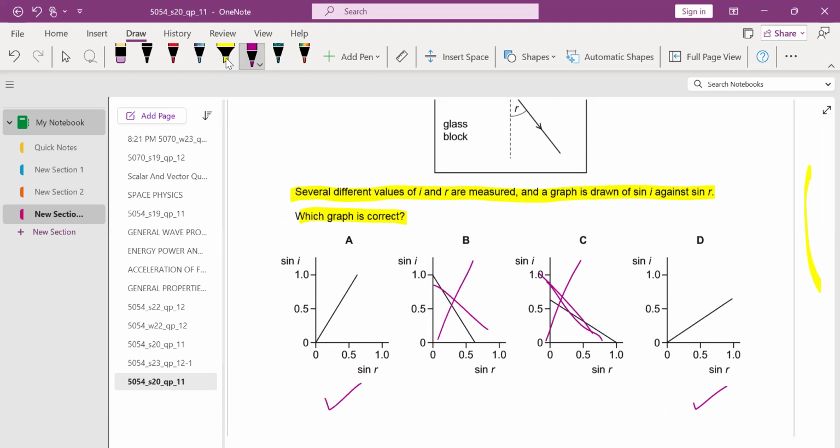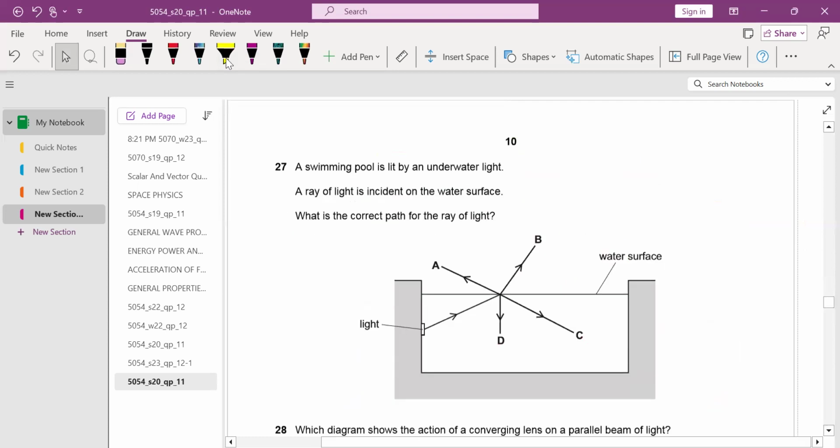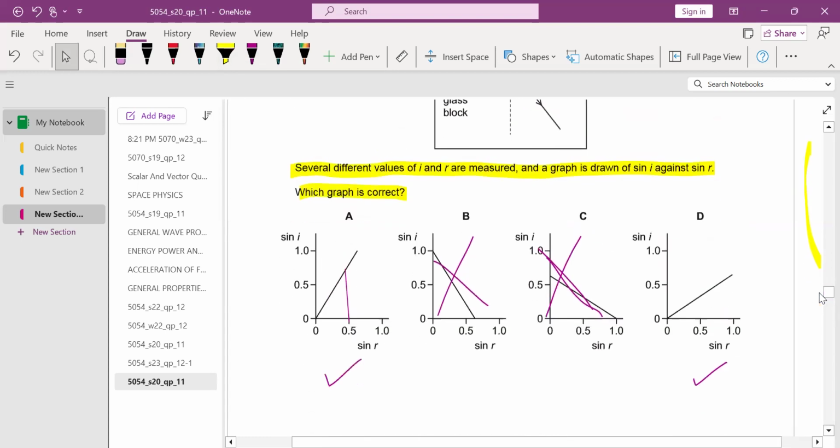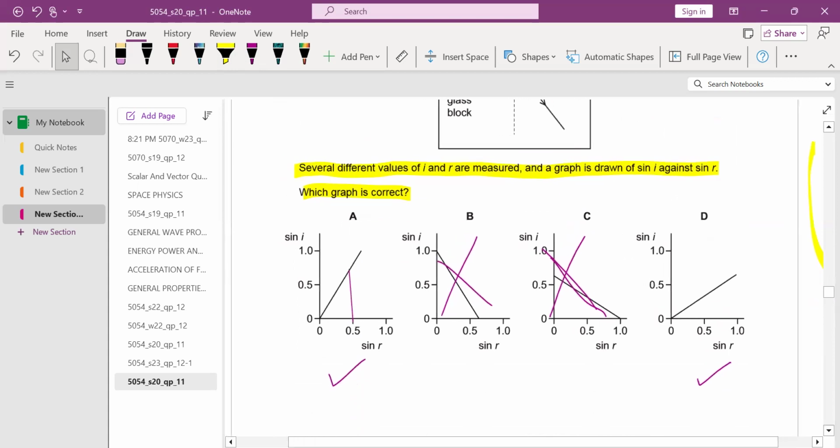Now you can see that when sine R is increasing, sine I is also increasing.